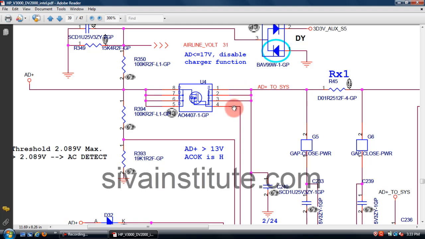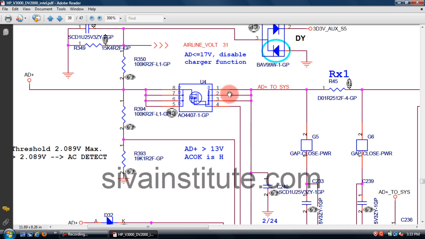You should check the gate. When the gate voltage goes high, this voltage will not be present. When the gate voltage is low, this is a P channel FET, so when this voltage goes low or 0, that means 0 to 5 volts, it will conduct. This voltage comes out from this pin to this pin.